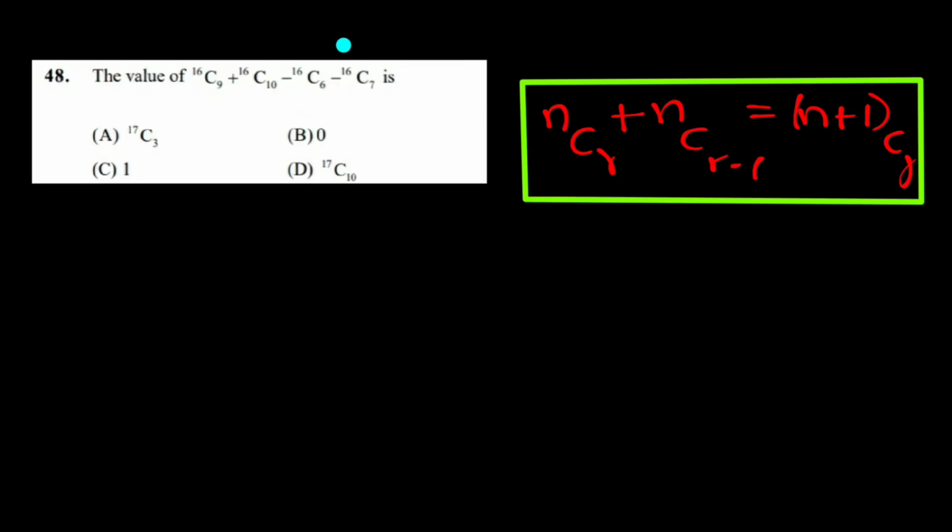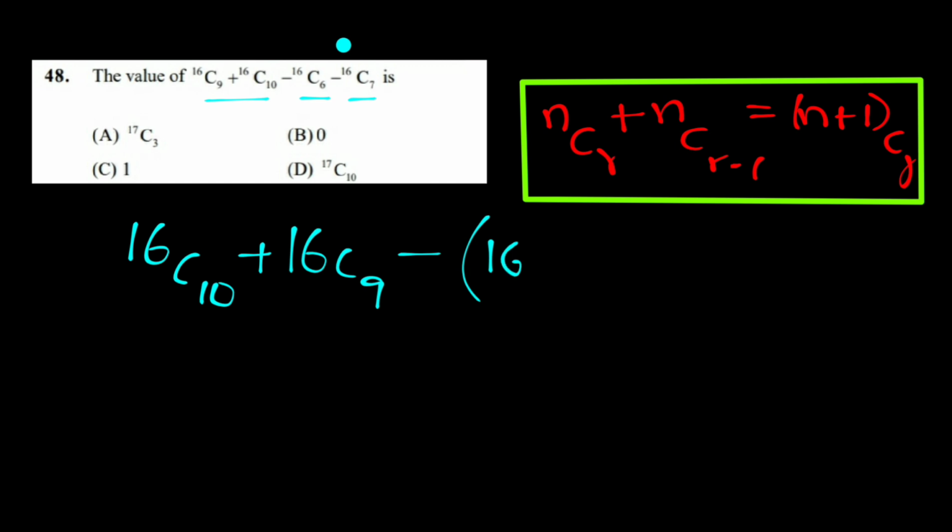Next, problem number 48. The value of 16C9 plus 16C10 minus 16C6 minus 16C7. I'll rewrite the question: 16C10 plus 16C9, if you take the minus common, 16C7 plus 16C6.